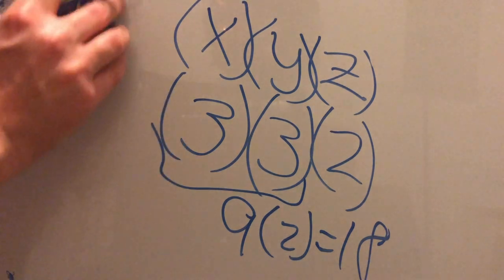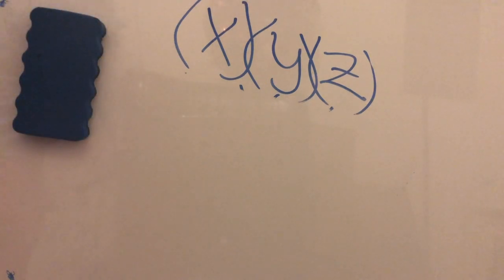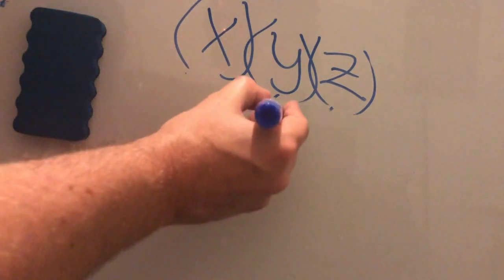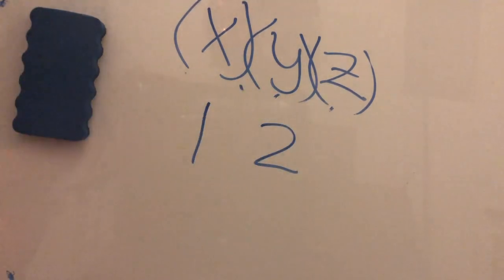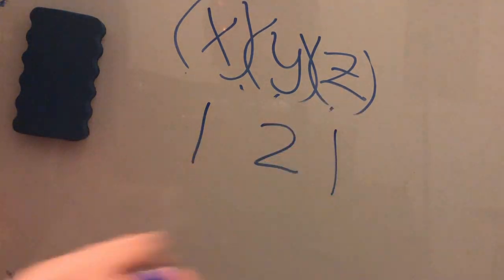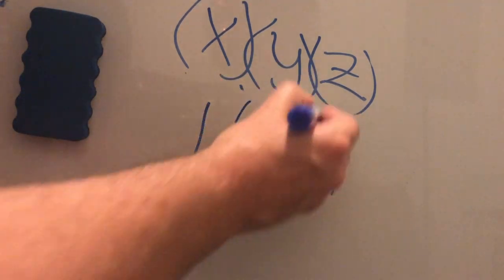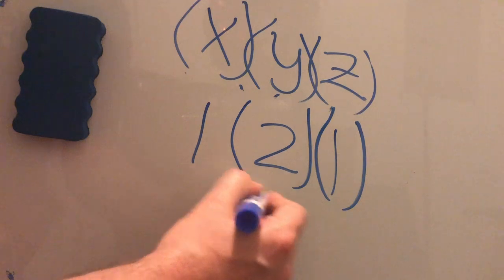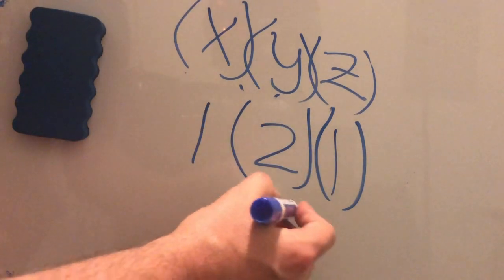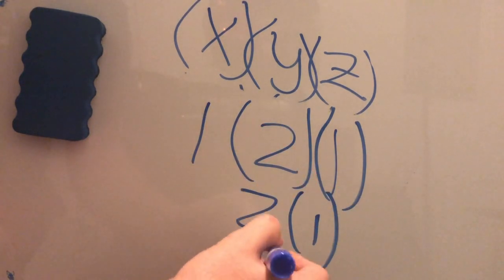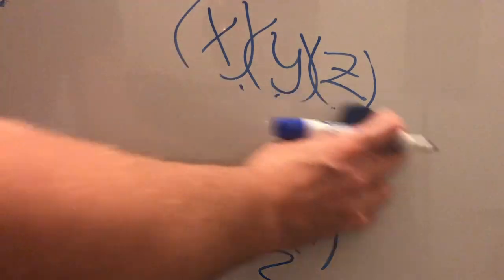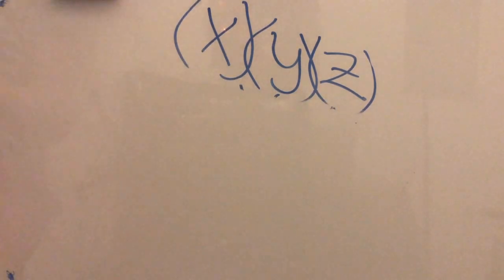Now, if they said in the practice problem that for the first choice we only have 1, for the second choice we only have 2, and for the third choice we only have 1, we would do the same thing. We'd just multiply: 1 times 2 is 2, times 1 gives us 2. So you're just multiplying here.